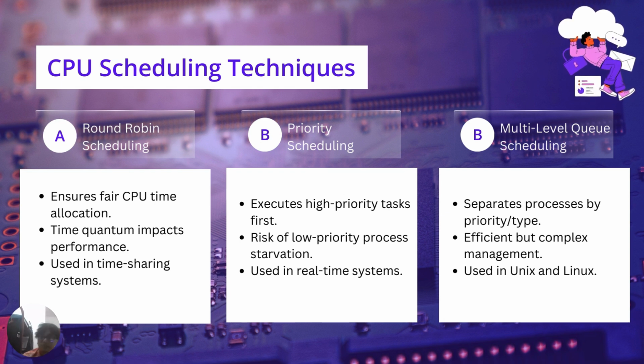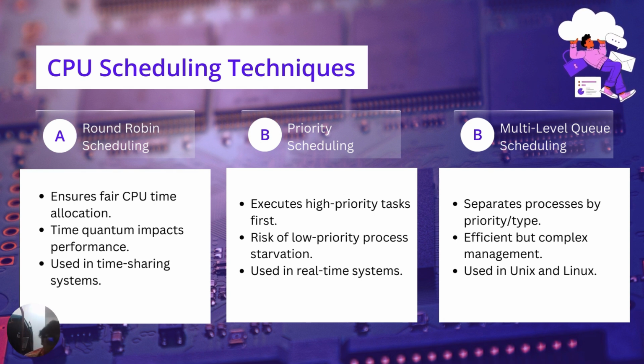For example, in a time-sharing system, round-robin scheduling ensures that all user processes receive equal CPU time, improving system responsiveness for interactive users. However, if the time quantum is set too short, the system may spend more time performing context switches than executing processes.